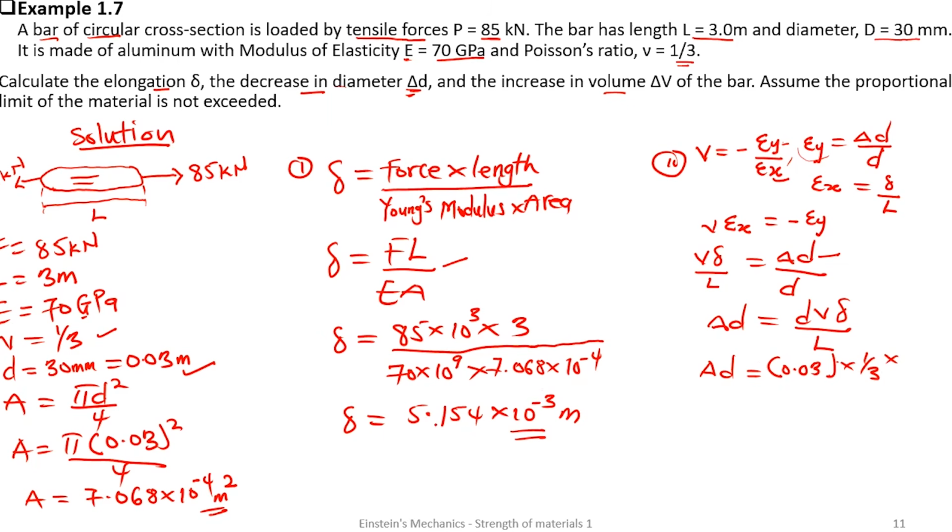From the question, we've already calculated the elongation, 5.154 times 10 raised to negative 3, over the length. What's the length? We have the length here, 3 meters. Therefore, the change in diameter is going to give me 1.716 times 10 raised to the power negative 5 meters.